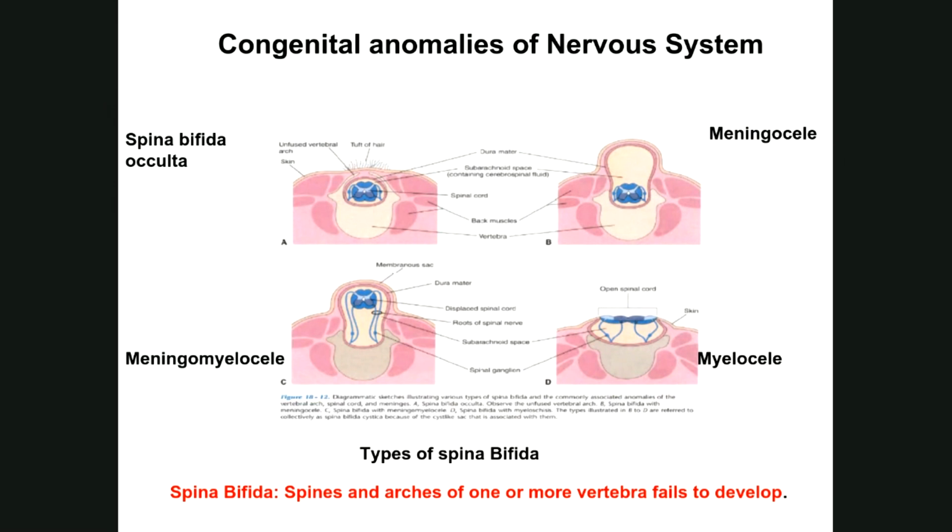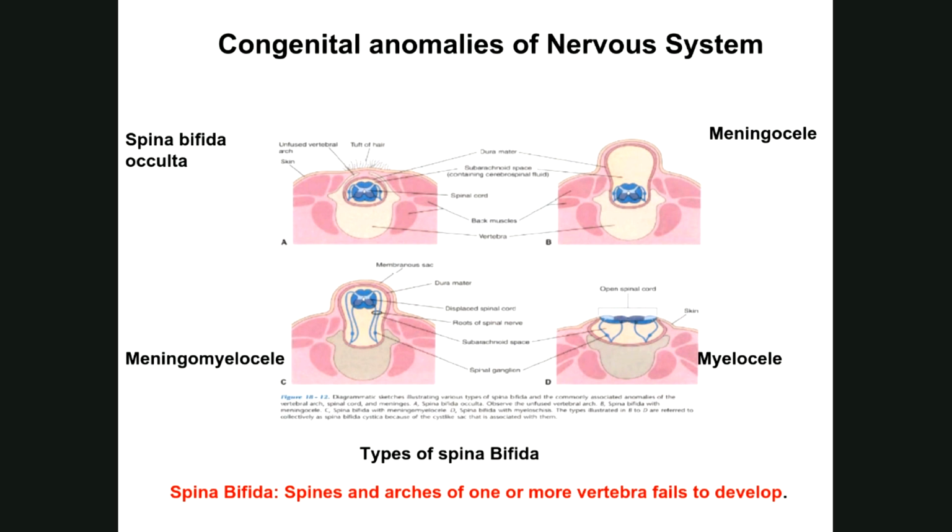As you can see in this slide, these are some of the anomalies of the nervous system. As I mentioned, the neural tube will give rise to the nervous system, the brain and spinal cord. It is covered by the vertebral column. In some developmental errors, the vertebral column is not complete on the back, and that's why the skin is the only covering for the spinal cord.